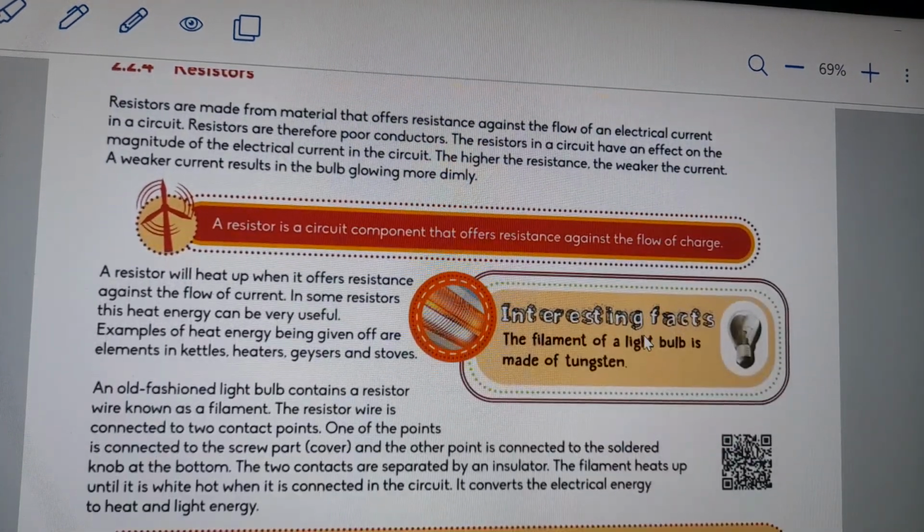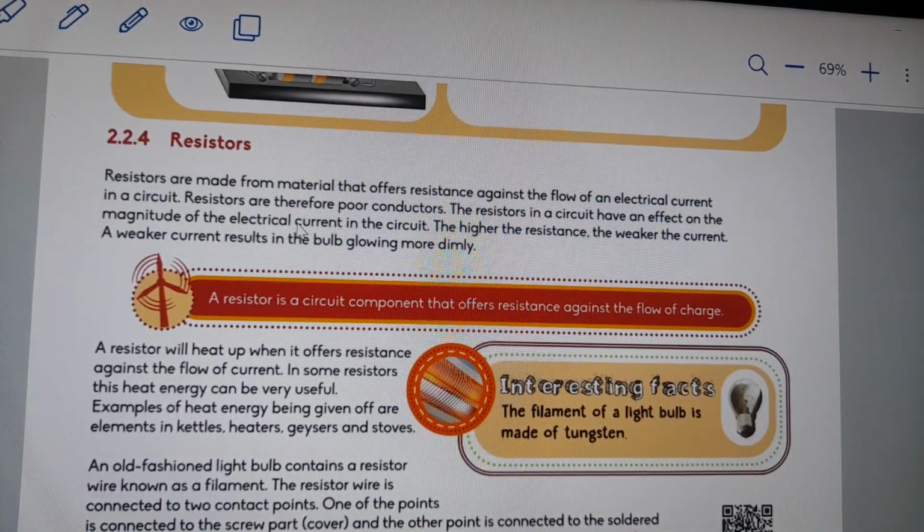And then let's look at the resistors. Resistors are made from material that offers resistance against the flow of electrical current in a circuit. Resistors are therefore poor conductors. The resistors in a circuit have an effect on the magnitude of electrical current in the circuit. The higher the resistance, the weaker the current.